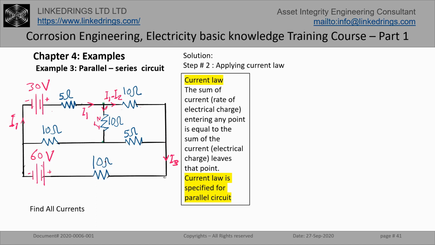So this current will be I1 minus I2 minus I3, because the I1 minus I2 is divided into this current and this current. Again, this point has two currents, I2 and this current, I1 minus I2 minus I3, so the summation will equal I1 minus I3.